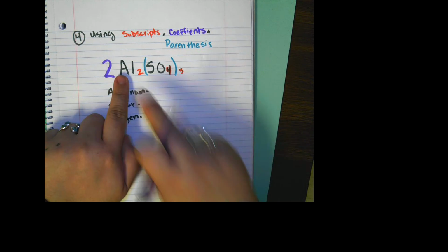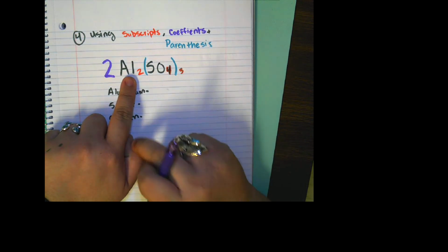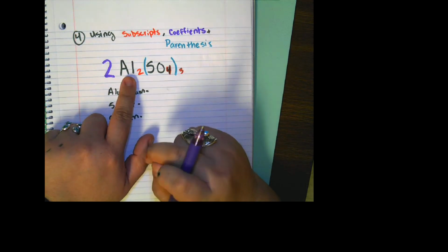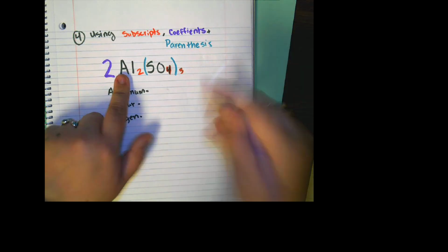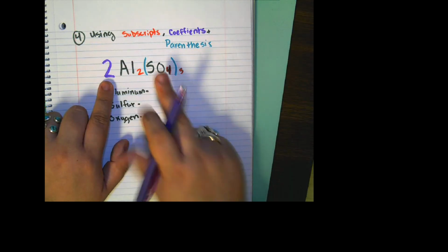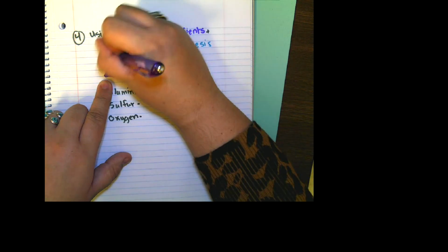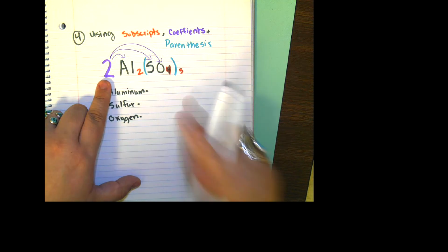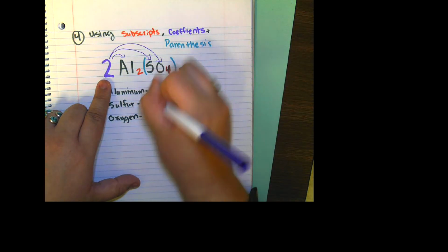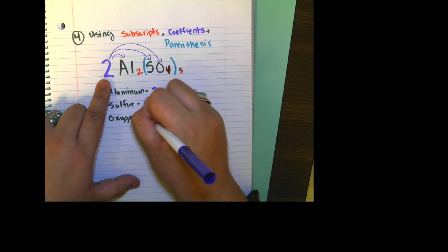First, we know our subscripts affect what's behind it, or what's in front of it. And then let's look at our coefficients. So this 2 is in front, which means it affects this whole thing. So it's going to affect my aluminum, my sulfur, and my oxygen. So let's get that out of the way and put the 2 for each element.